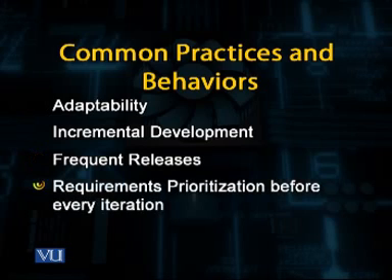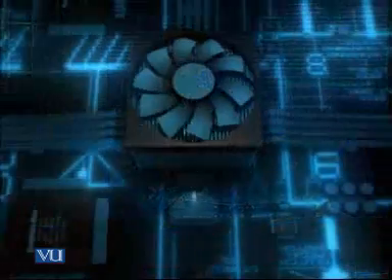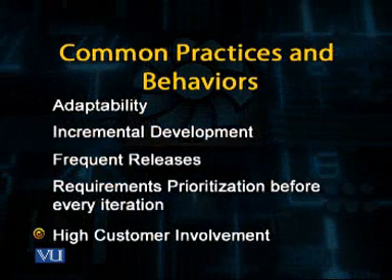Also very important is requirements prioritization before every iteration. Which requirements will be included in which increment is important enough to be discussed before each iteration begins. And there is high customer involvement. This is very important.